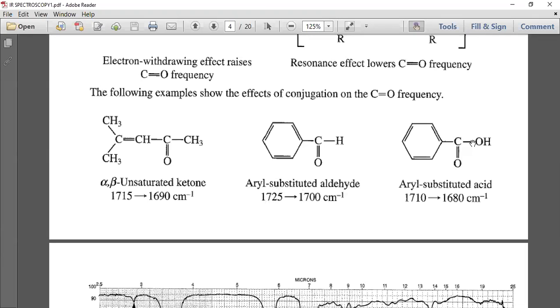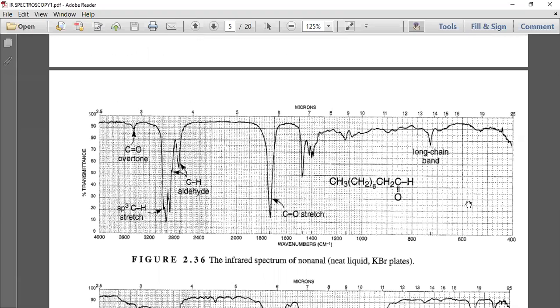Carboxylic acid will be around 1710, but because of aromatic conjugation, decrease 30. So it will be 1680. So something like this. Whenever you have conjugation, just decrease the frequency by either 30 or 20 sometimes. Okay. Mostly go for 30. First preference 30, second preference 25.